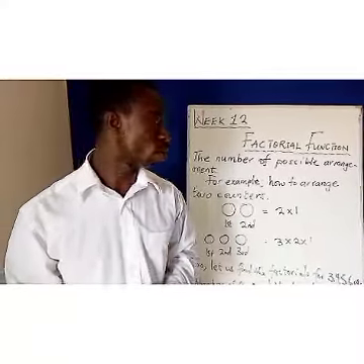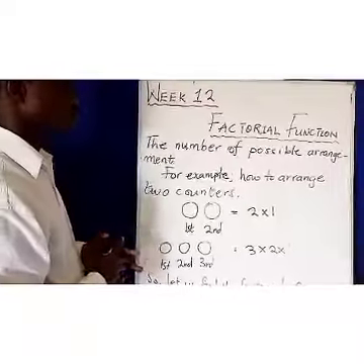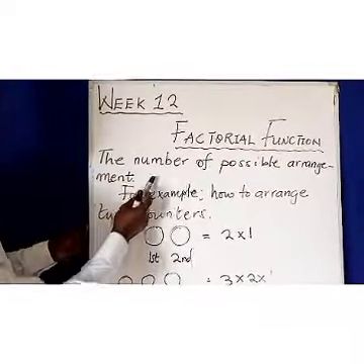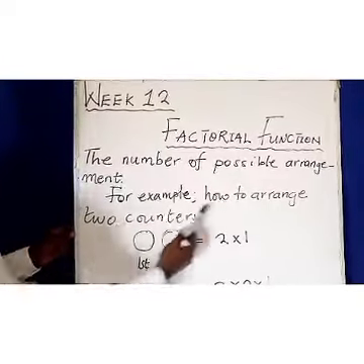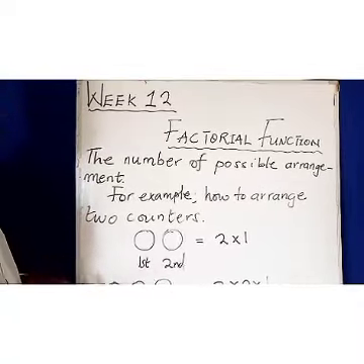Okay, let's look on the board. This is the factorial function, the number of possible arrangements. For example, how to arrange two counters: this is the first and the second.